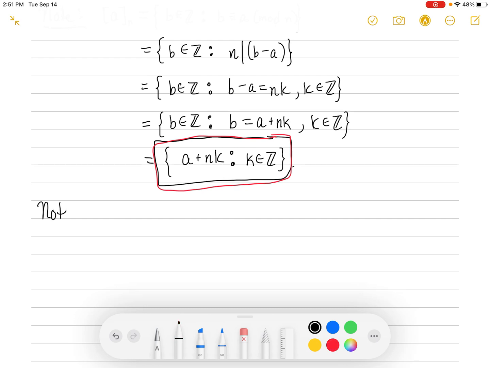So let's just follow up on this description. This is abstract. Let's look at a specific example. I'll do my first example here.